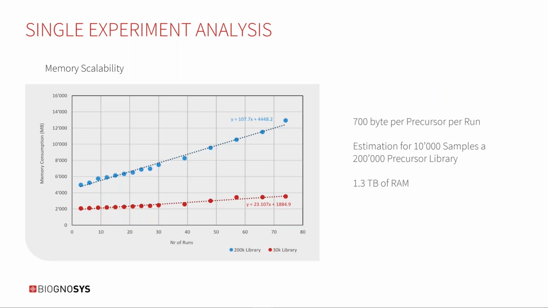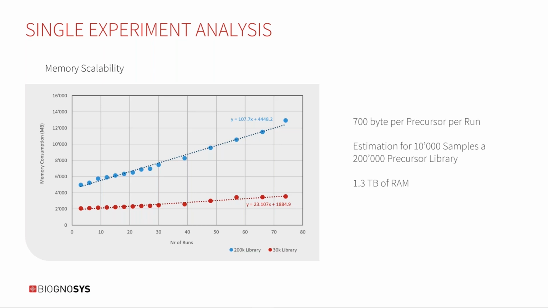So I show here a slide from, it was still from Spectronaut 13, but still it's quite applicable. So in Spectronaut, the memory consumption of an analysis pretty much scales with the number of precursors and the number of runs. So I have two different examples here, one with a library showing 200,000 precursors and one with a library of 30,000 precursors.